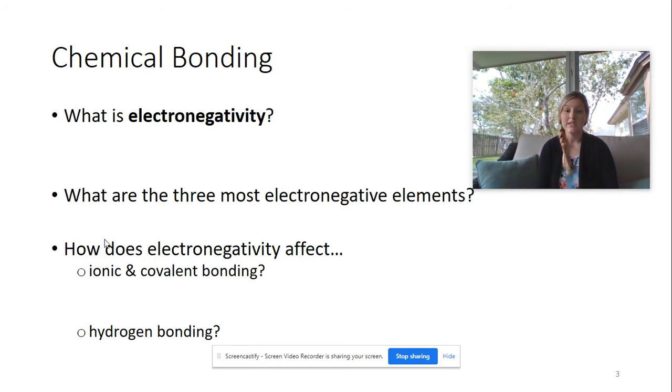Okay, electronegativity is how strongly something attracts electrons. So the more electronegative it is, the stronger its pull of electrons. When I gave the example of tug of war, the oxygen is much more electronegative. It's going to pull the electrons towards it. And remember, the electronegativity of oxygen is why it's able to pull electrons through the electron transport chain for us to even have cellular respiration, the electron transport chain, chemiosmosis, ATP synthesis.